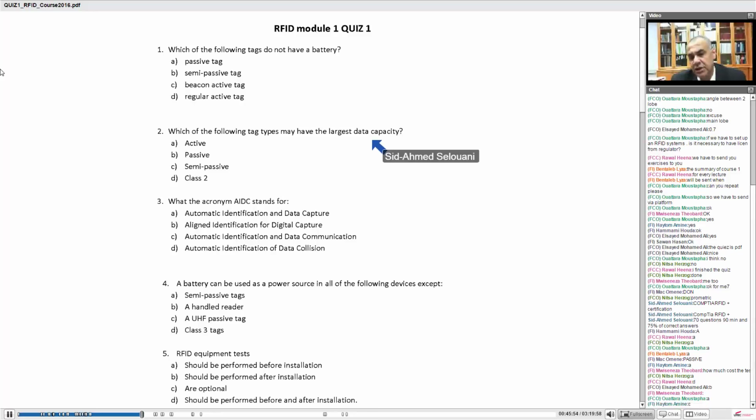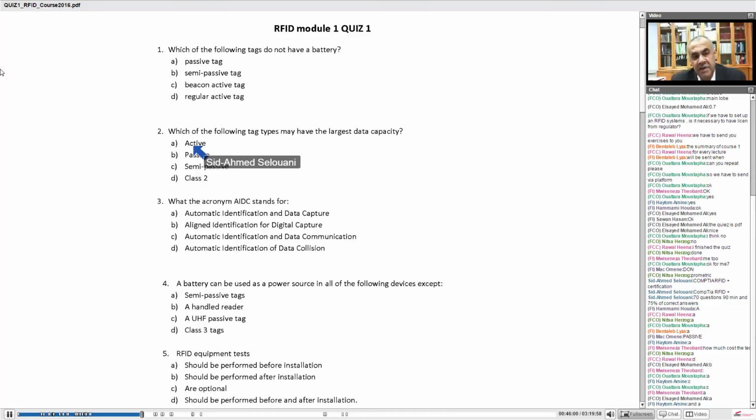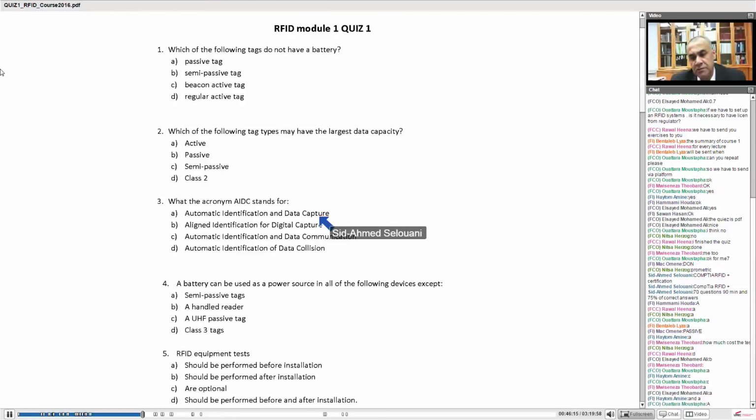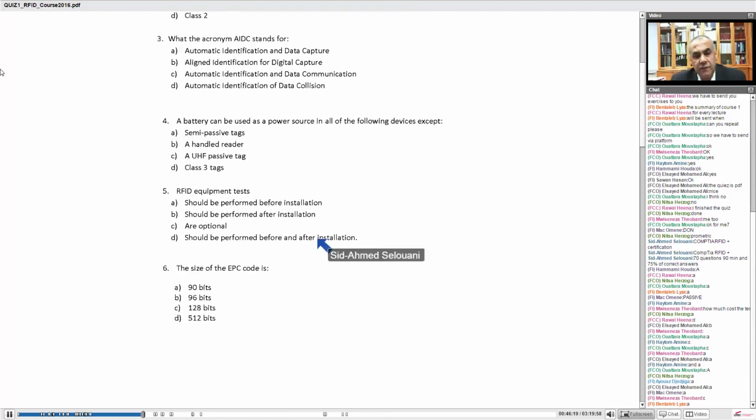Which of the following tag types may have the largest memory or data capacity? A, active. Second is semi-passive, but active is the correct answer. Then AIDC stands for Automatic Identification Data Capture. A, okay.